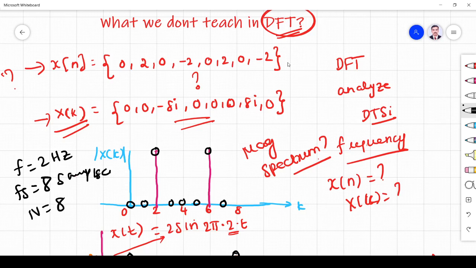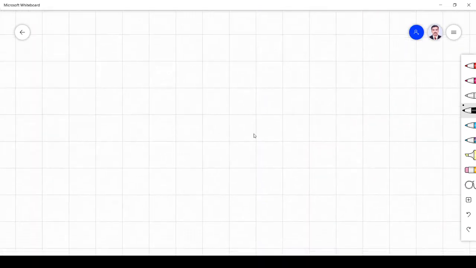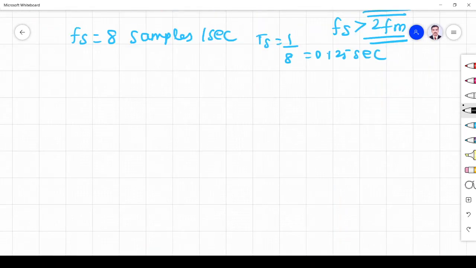Once I know these values, I can say what will be the nature of the spectrum and where it will have the peak. We have a formula for that. That derivation I am not going to do for you, but there is a formula.